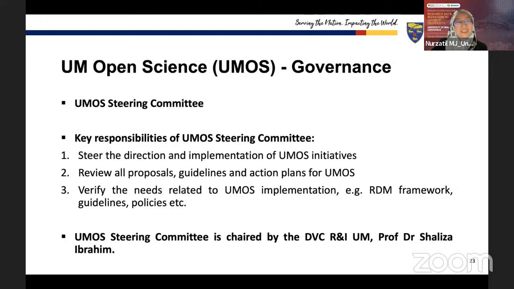We steer the direction and implementation of UM Open Science initiatives, review all proposals, guidelines, and action plans for UM Open Science, and we verify the needs related to its implementation, for example the RDM framework, guidelines, policies, etc. At the moment, our steering committee is chaired by the Deputy Vice Chancellor, Research and Innovation, UM, Professor Dr. Sharleeza Ibrahim.